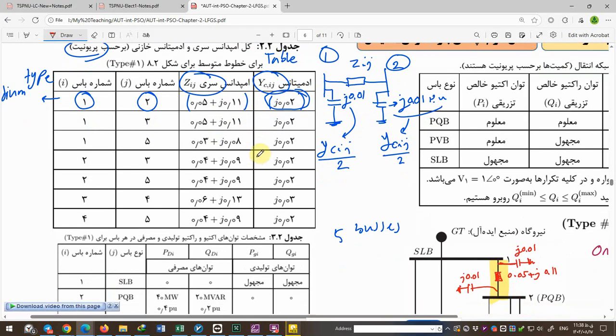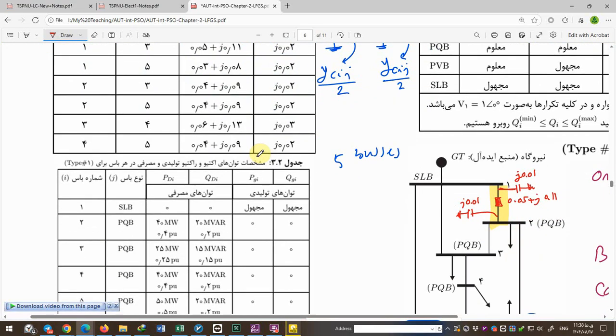This specification is useful to determine Y bus. Do you remember Y bus? We solved some examples regarding Y bus in the first part of this chapter.